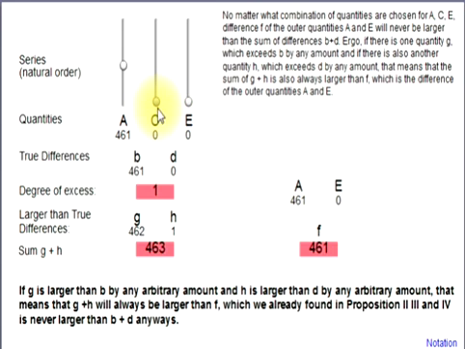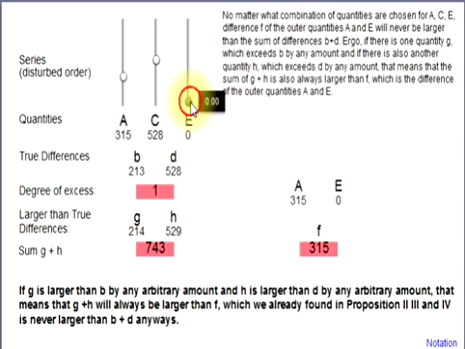So I have a series of natural order here, because if you proceed step by step through the series from element to element, the quantities always decrease. Otherwise, if you do it the other way around, you also have a natural order if the quantities only ascend, like this.